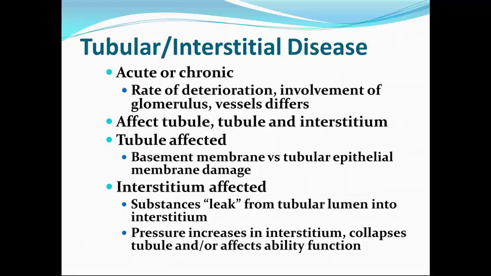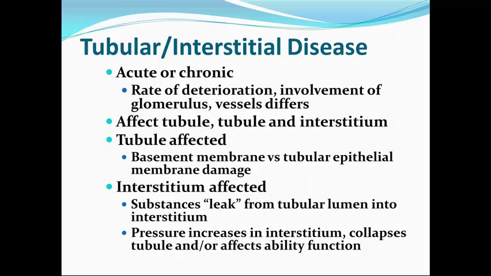With a chronic tubular interstitial disease, there is slow deterioration of function as opposed to the acute, and is highly characterized by fibrosis and atrophy of the tubules. Eventually, in a chronic tubular interstitial disease, it affects the glomerulus and the vessels, because remember, this has been happening over time.